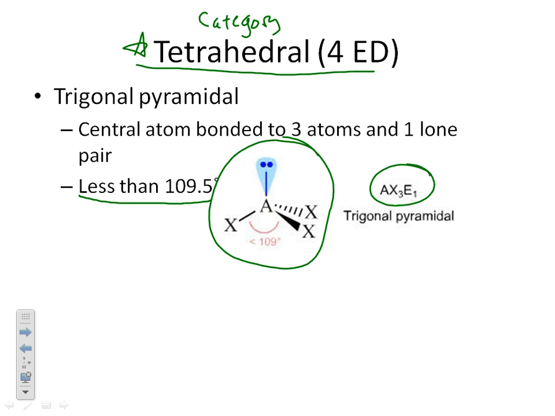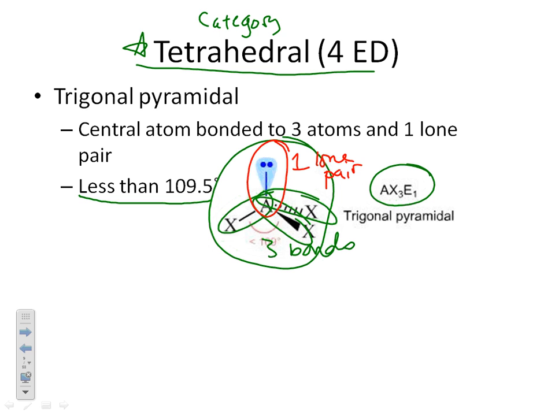So in that very last category, number of bonding sites versus number of lone pairs, we have 3 bonding sites. 1, 2, 3 bonding sites. So this is the three bonds. But then also coming off of the central atom, we have 1 lone pair.